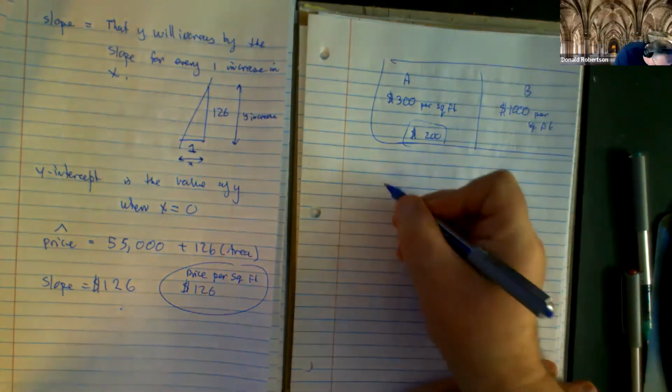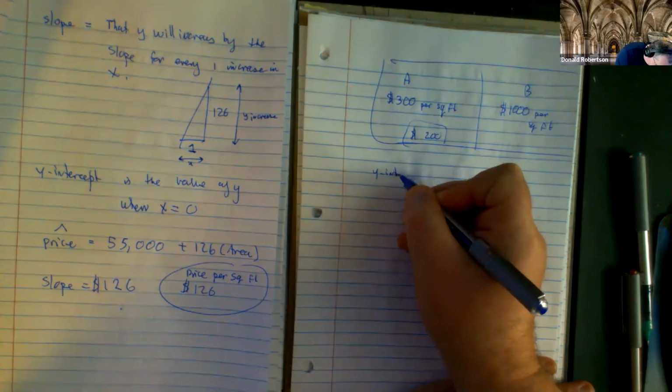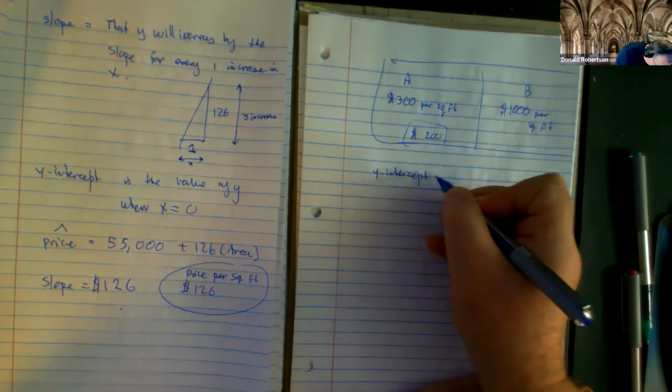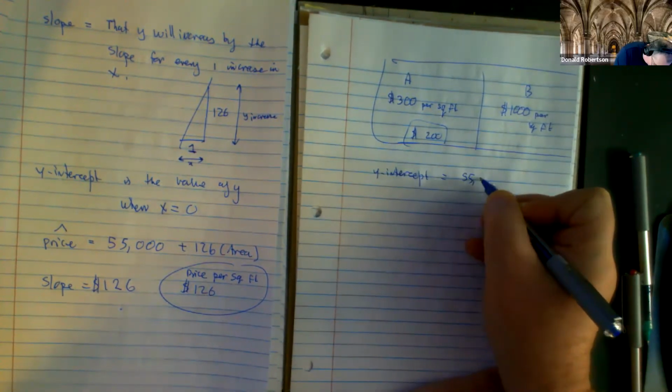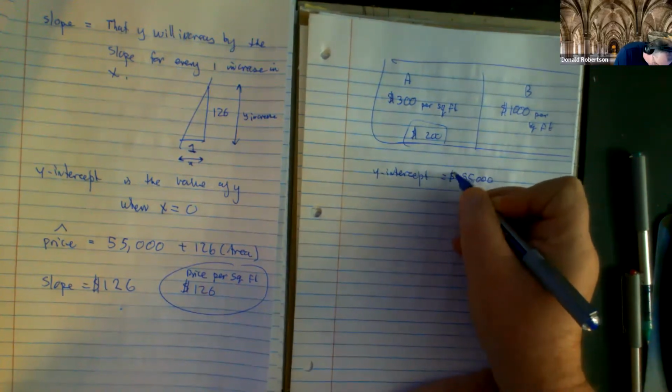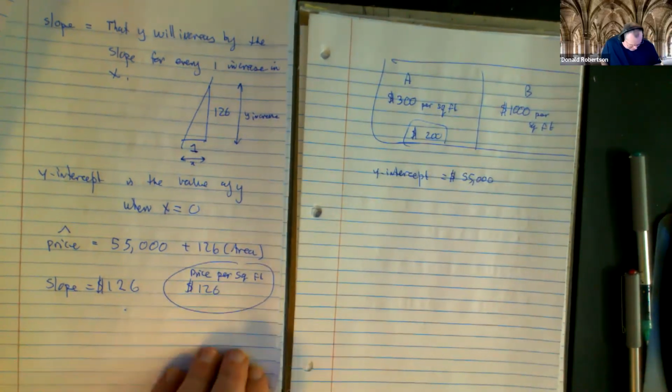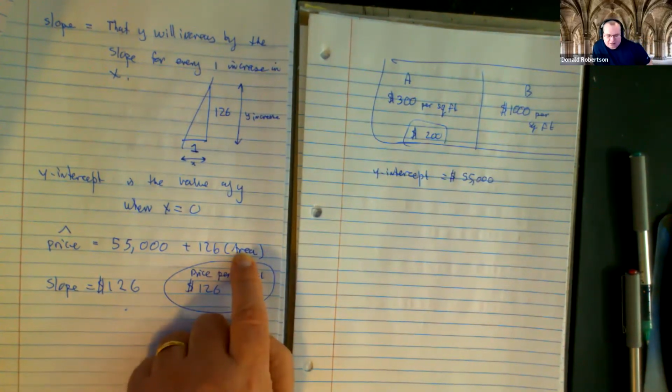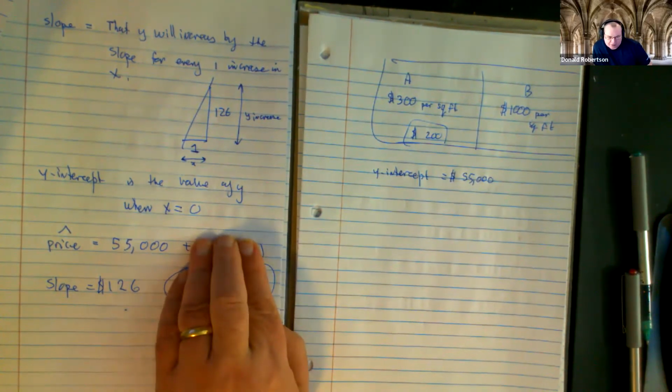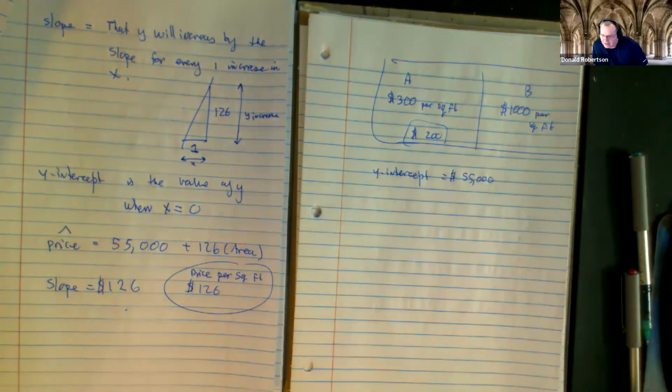Now, the y-intercept is 55,000. Again, it's dollars. Now, if you put an area of 0, because x is the area, that disappears, and you're just left with 55,000. Sometimes that doesn't have any meaning, but it does in this situation.